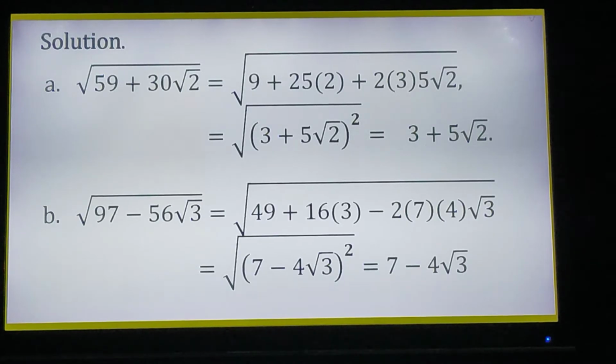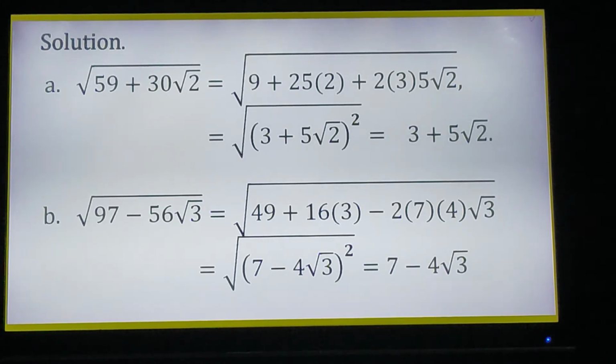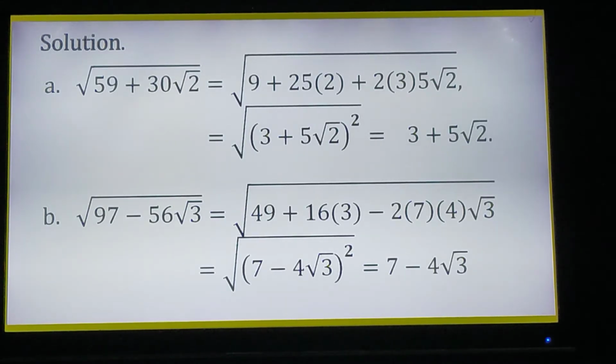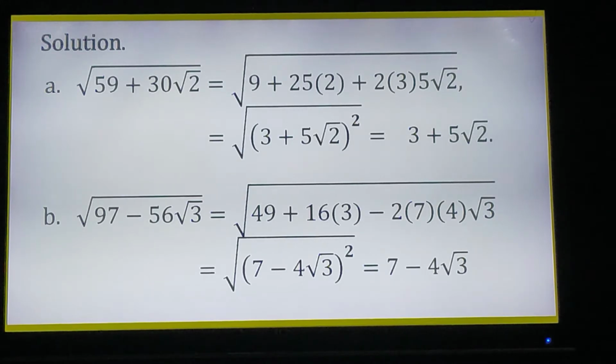Okay, for letter A, we think of a perfect square smaller than 59, because we have to split 59 as the sum of a perfect square and a square multiple of 2. So perfect squares smaller than 59 are 1, 4, 9, 16, 25, 36, and 49.